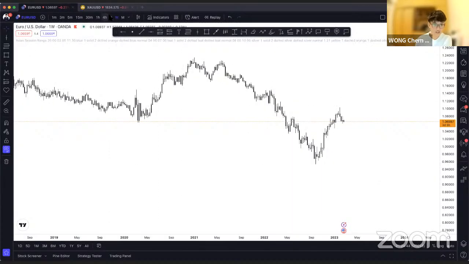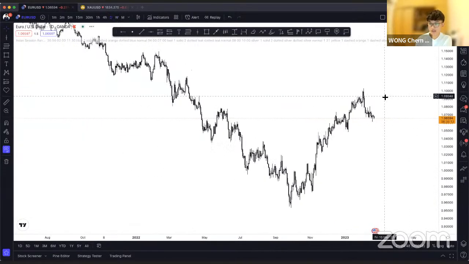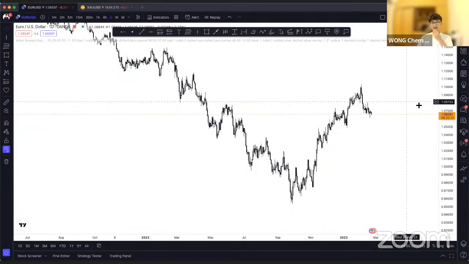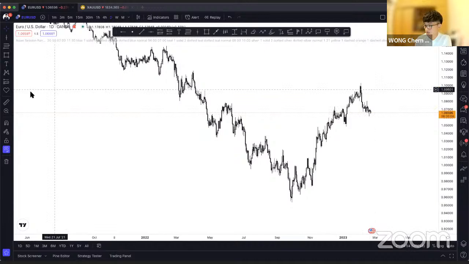However, the next question is, where can price possibly react to for price to continue going bullish? Personally, I believe that price has the potential to continue heading down, in light of the recent fundamental news in the market.